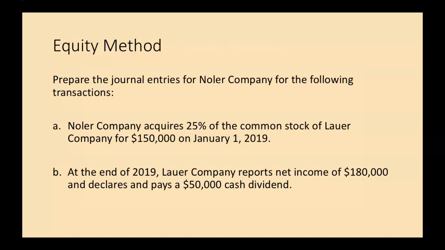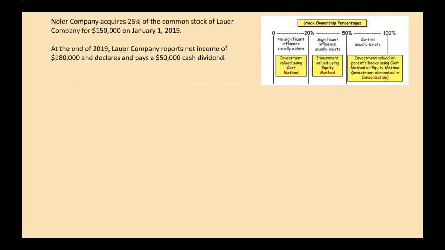And then at the end of 2019, Lauer Company reports a net income of $180,000 and declares and pays a $50,000 cash dividend. So we have 25% ownership of Lauer Company. That puts us between 20 and 50, which tells us we now have to use the equity method.